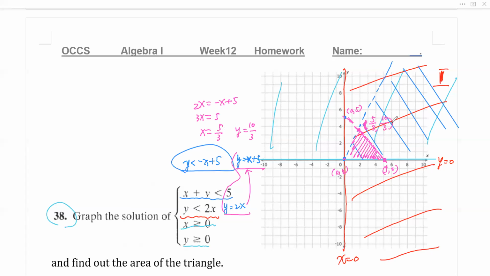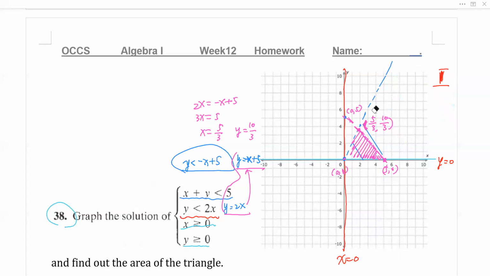All right, so let's erase the unnecessary parts. We don't need this one, right? We don't need this one. Don't need this one either, right? Okay, so the rest, you find out the shadow of these four equations generates a triangle, right?